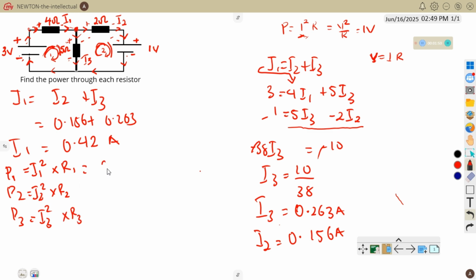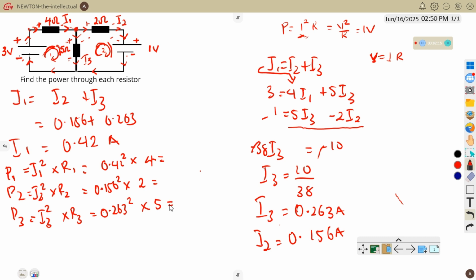So our I1 is 0.42 squared multiplied by the 4 ohm resistor, then we have I2, which is 0.156 squared multiplied by the 2 ohm resistor, and the last one we have 0.263 squared multiplied by the 5 ohm resistor.